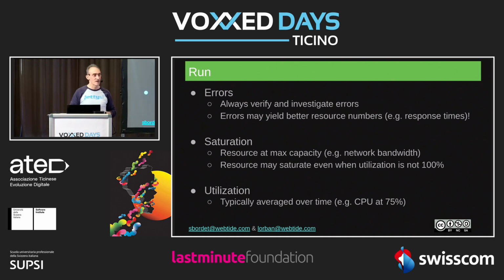Another typical problem with errors is the following. On the client, you prepare all your load tests, but you make a typo in the URI that you're going to ask of the server. And so what you get is a million 404s on the client. And it turns out the 404s are really fast to be returned to the client. And then you say, oh, okay, one second.